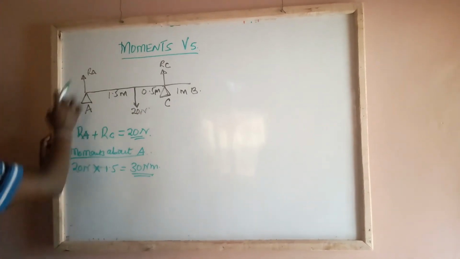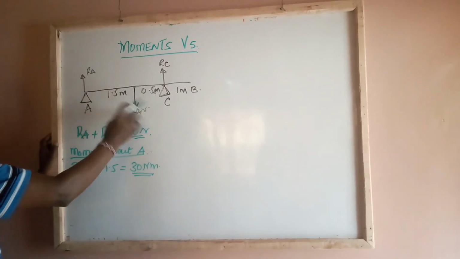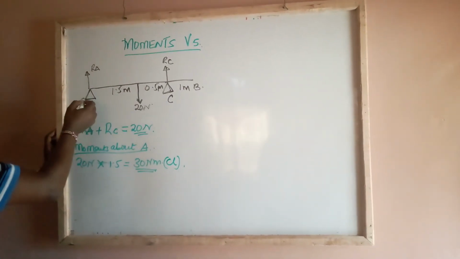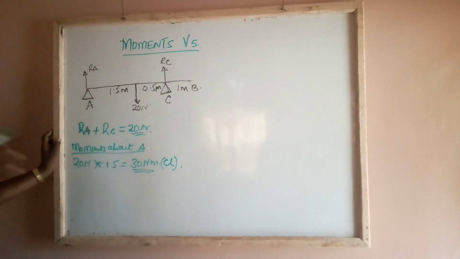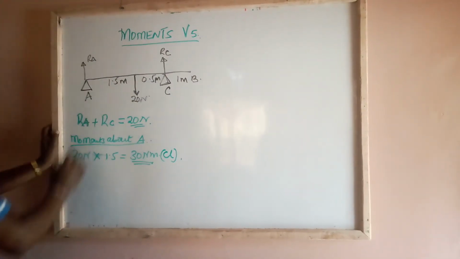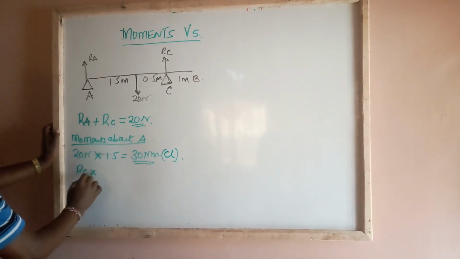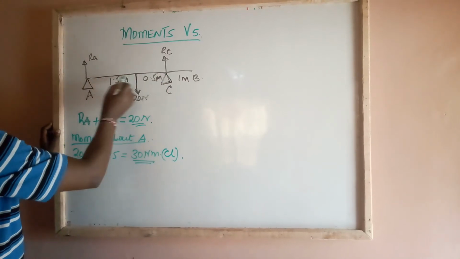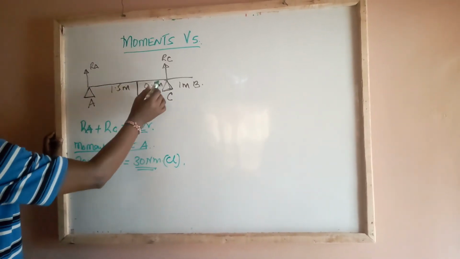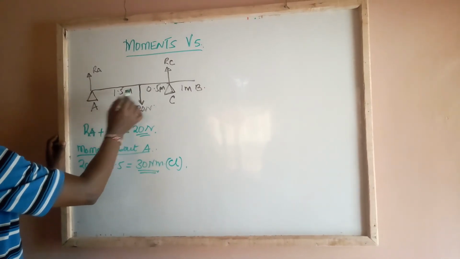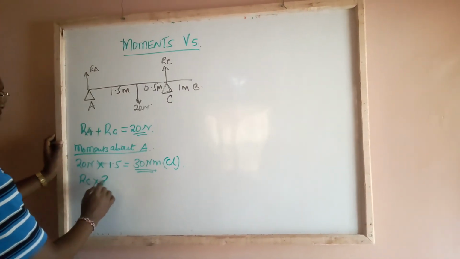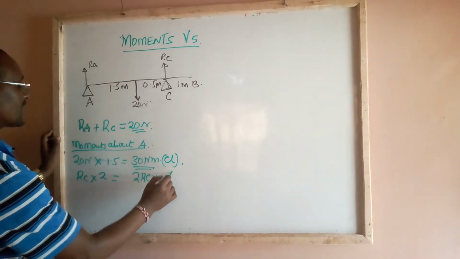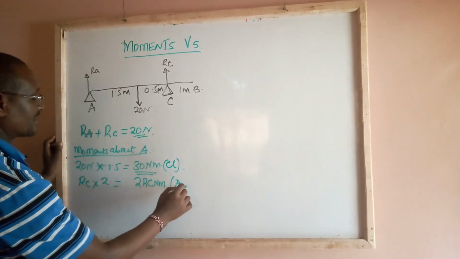You realize that the moment about A due to 20 newtons is clockwise. The moment about A due to the reaction at C, which we don't know, is anti-clockwise, whereby RC times the distance. The distance from C to A, the rotating point, is 0.5 plus 1.5 meters, which is 2 meters. So we get 2 RC newton meters, and this is anti-clockwise.